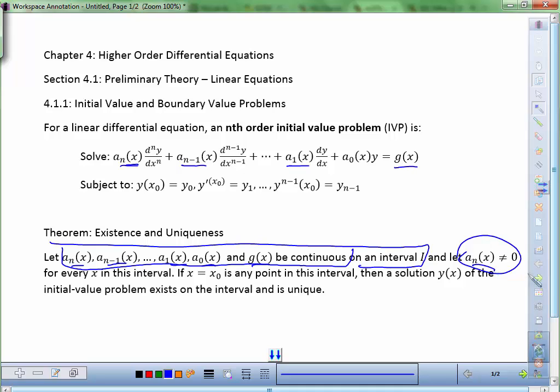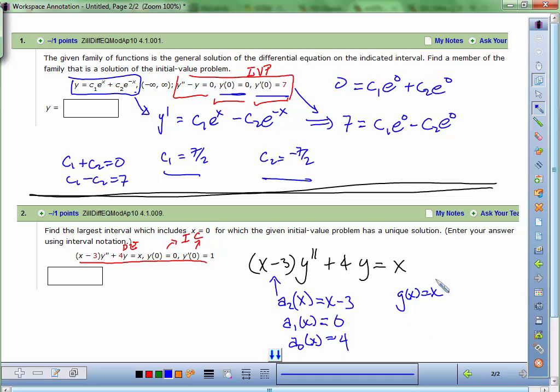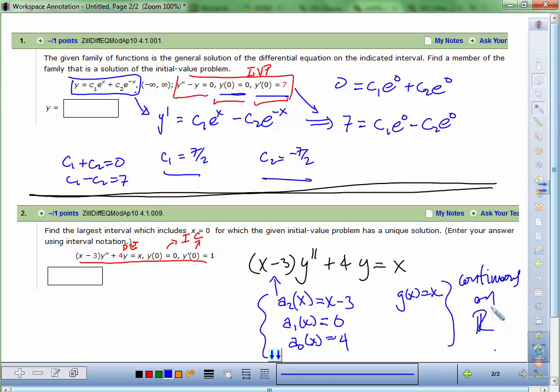So what can you say about these functions? Are these continuous? These are all continuous on all real numbers. So that's good news already, yeah?